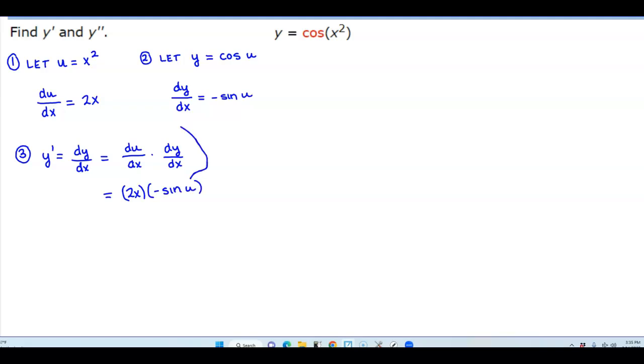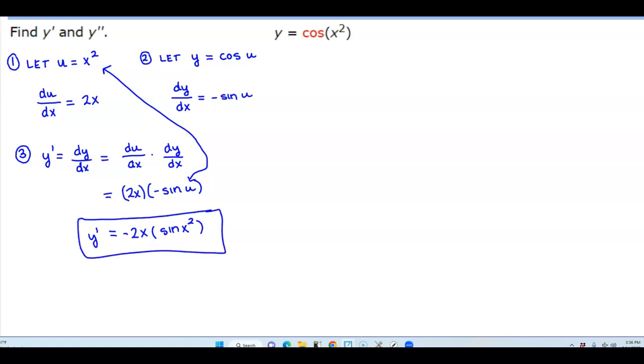Well, we know that u is x squared. So bringing that minus sign in the front, we have negative 2x times the sine of x squared. And therefore, that represents the first derivative.